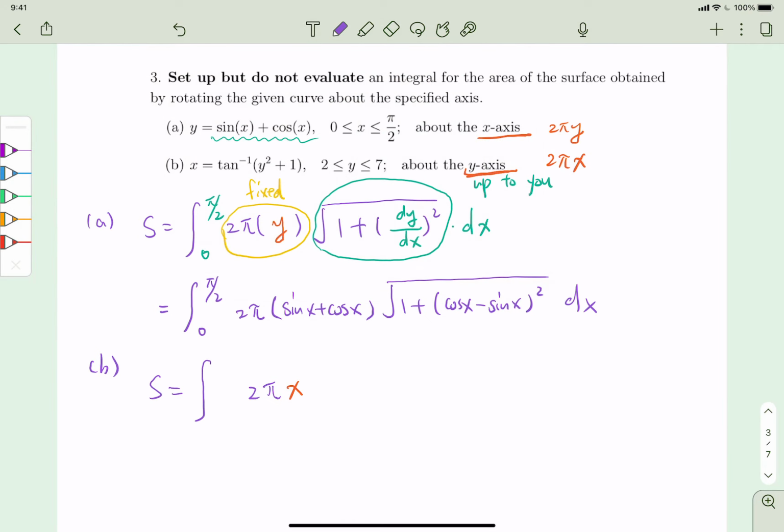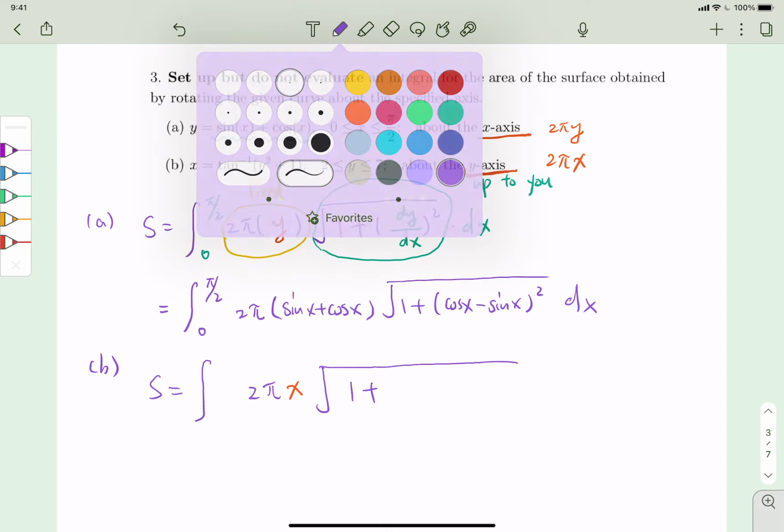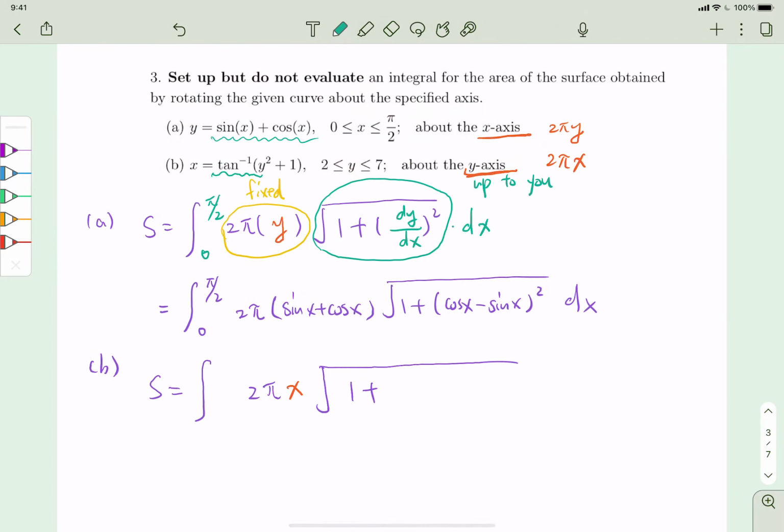And now the other stuff, 1 plus, should it be dy over dx or dx over dy? Now let's take a look at my expression. It's more convenient to write the derivative in terms of y, right?